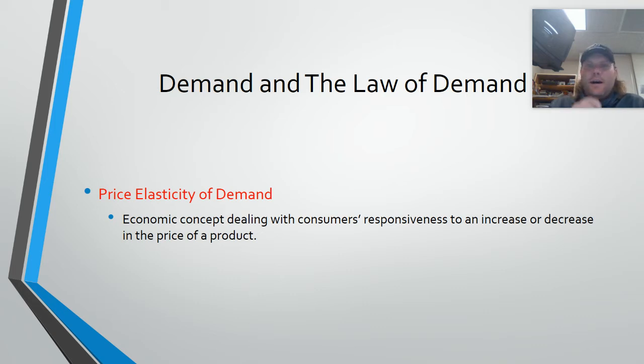Again, we're looking at consumers' responsiveness to an increase or decrease in the price of a product. We're going to show you two different ways we can draw this graph, and prove some common sense, because a necessity is going to make us behave one way. Something that has a lot of substitutes is going to allow us to behave in a different way.